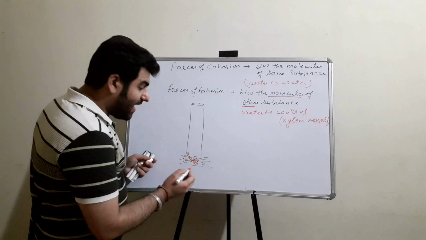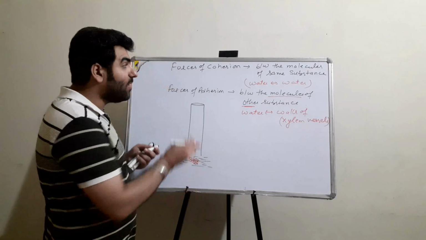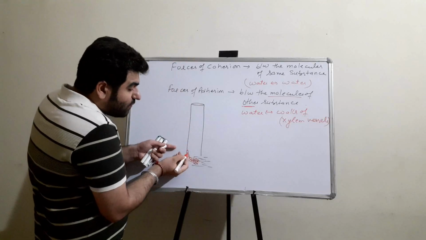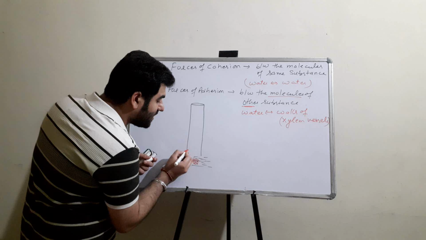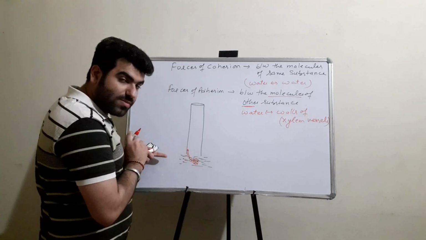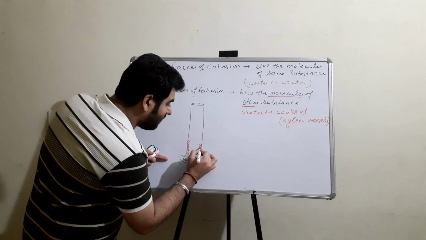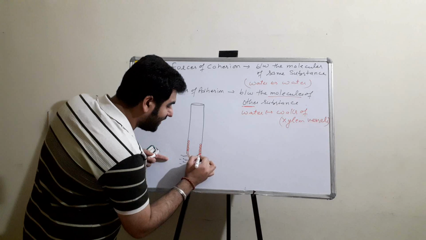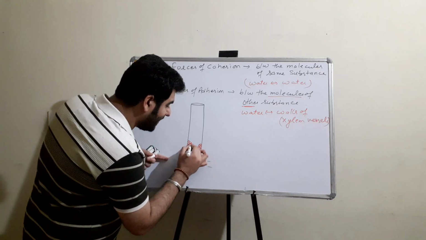When this moves forward because of the adhesive forces and the suction force, this water molecule is pulled upward due to the suction force and moves like this. As a result, all the molecules will follow this molecule and start to rise. The same phenomenon happens like this, and the other molecules, due to the cohesive forces, follow.